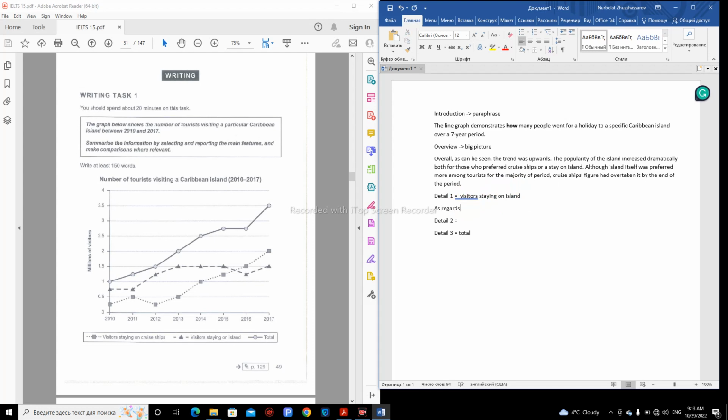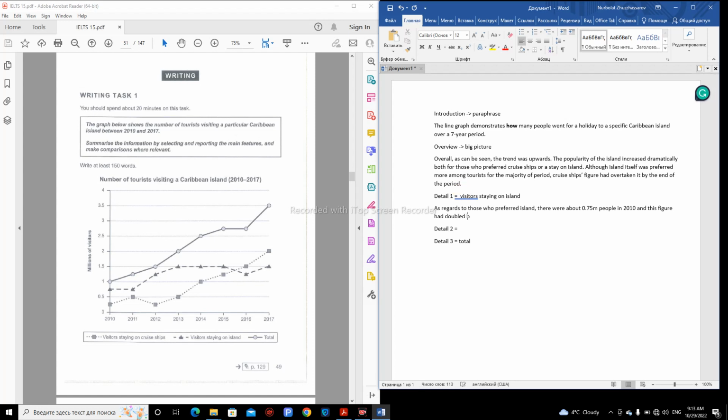As regards those who preferred island, it started at about 0.75 million people in 2010, and this figure doubled, or had doubled.